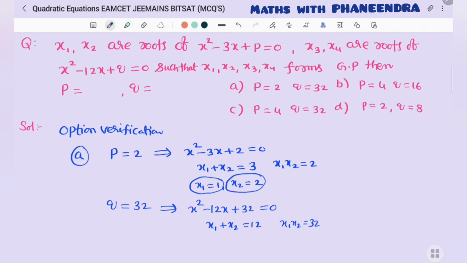The factorization of 32 is 8 and 4: 8 plus 4 is 12, 8 into 4 is 32. Otherwise, you can also do the factorization directly, as minus 3x can be written as minus 2x minus x. The roots of this second quadratic equation are x3 and x4.